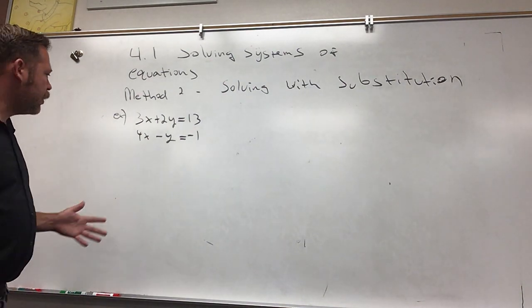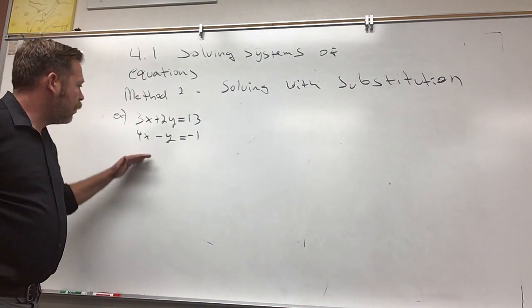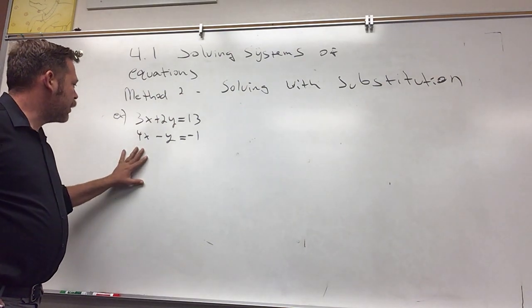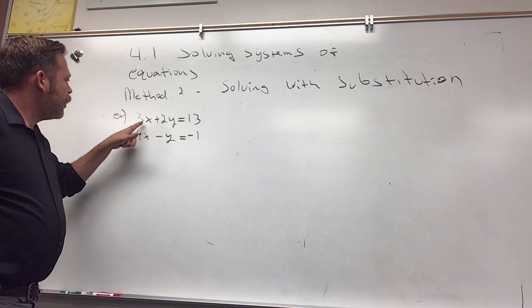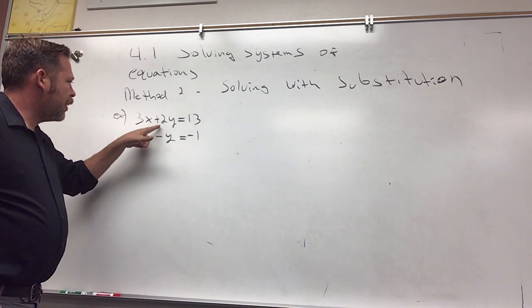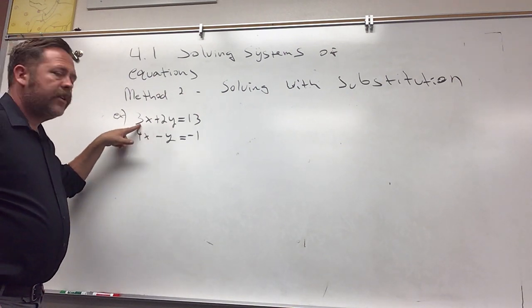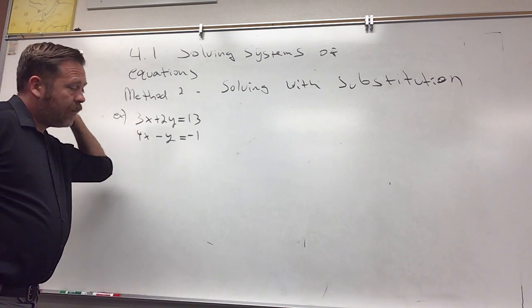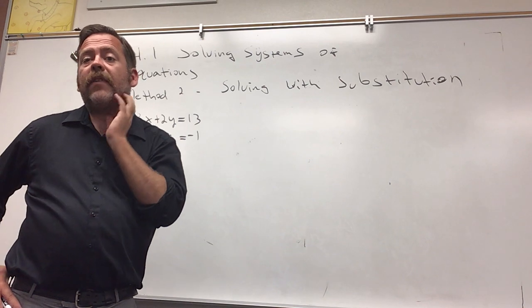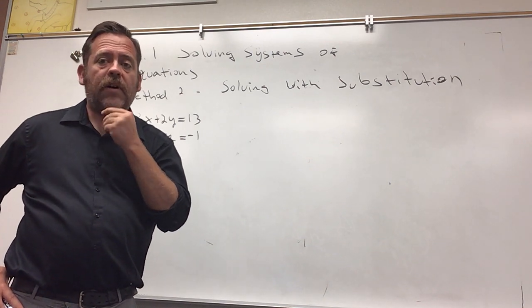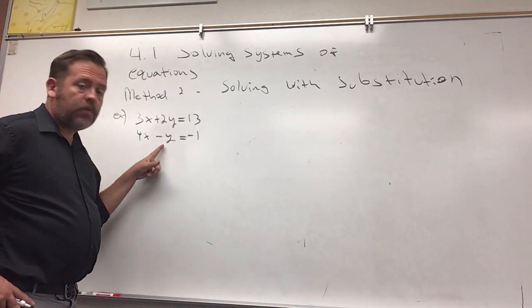So the first thing that we want to do is get any variable isolated. You could solve for this x, but you would have to subtract 2y and divide by 3. You would have a fractional mess. It takes some practice to find out which variable is the easiest to solve for. What I like is this y right here.